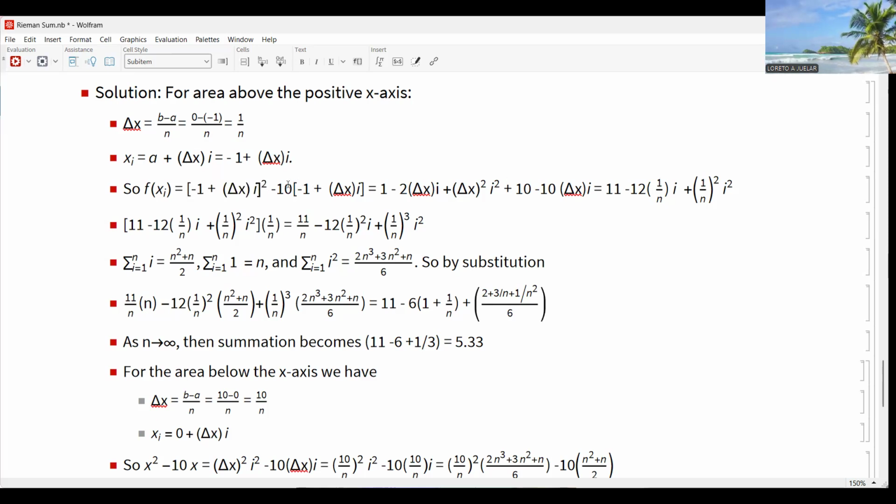So this is our xi here, negative 1 times xi. Then our delta x here is equal to 1 over n, times i. Then there is our delta x squared, so we have the squared here.